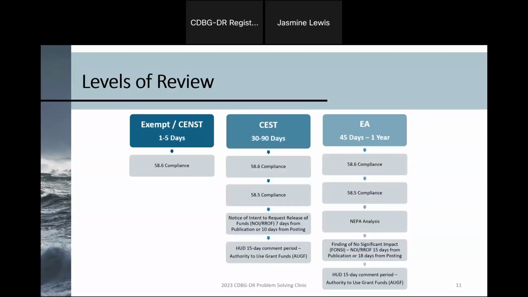All right, so let's look at what's required for each level of review. We'll start with the exempt and CENST reviews, but it's important to state that all projects, regardless of the level of review, must meet compliance with the other requirements under 58.6. This includes flood insurance and disaster protection, Coastal Barrier Resources Act, and airport and runway clear zones.